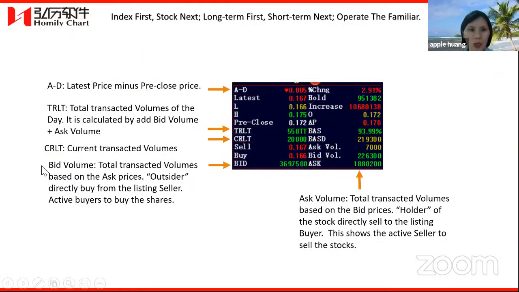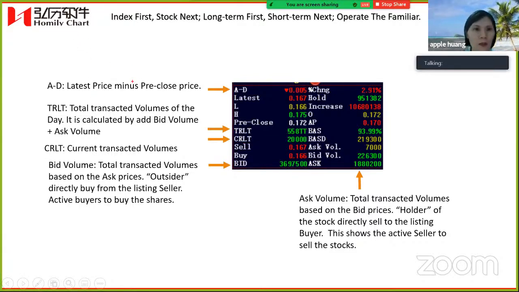Okay, because every time in the market depth, you will see the ask price, right?